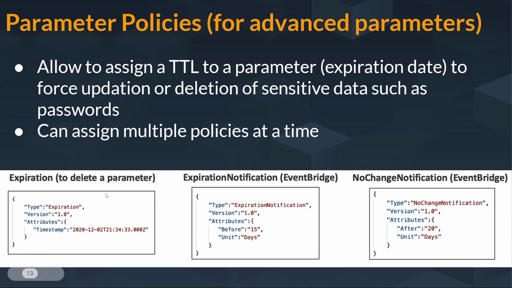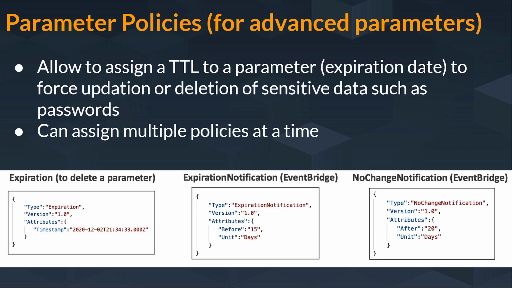So to delete a parameter, one piece of code is there. It has some attributes, including a timestamp. It will tell you when the parameter you are storing, like a password or any secret key, will be deleted. Expiration notification will notify you 15 days before. Here you can enter the number of days, after how many days you want that notification.